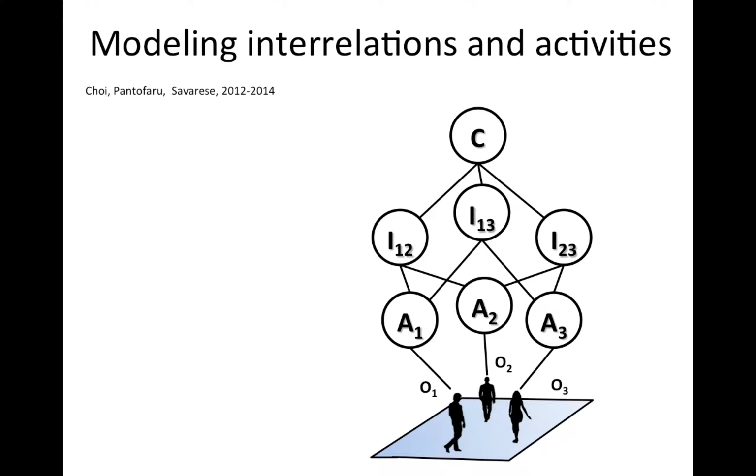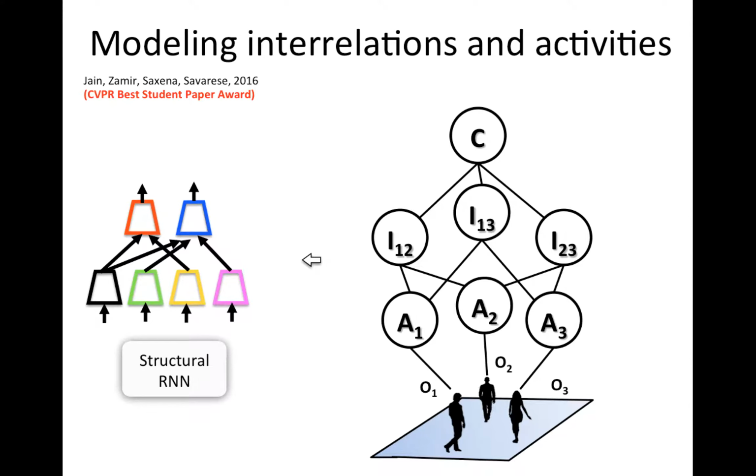I1,2, I1,3, and I2,3 capture the interactions between pairs of individual activities, for instance getting close, getting far away, walking together. And C captures the way these interactions are connected so as to form a description of the group activities, for instance meeting and greet.